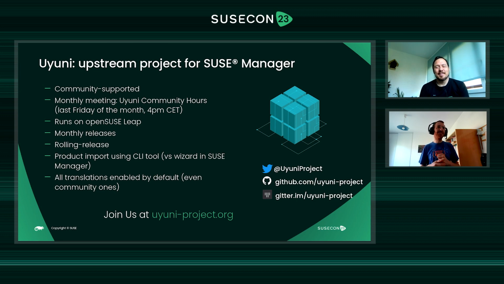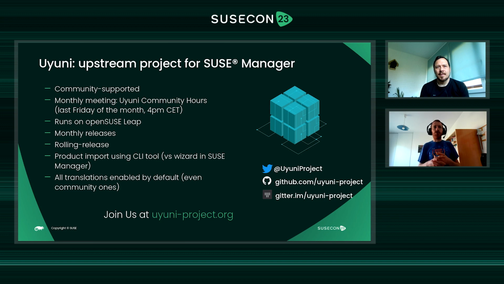Uyuni runs on openSUSE Leap, whereas SUSE Manager runs on SLES. We have monthly releases, rolling releases, and the product management, product import is slightly different, because it uses a command line tool in Uyuni, whereas in SUSE Manager you can use a wizard with SCC credentials, which are not there in Uyuni.